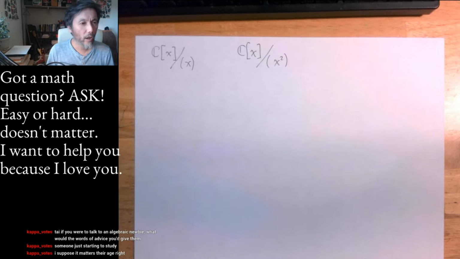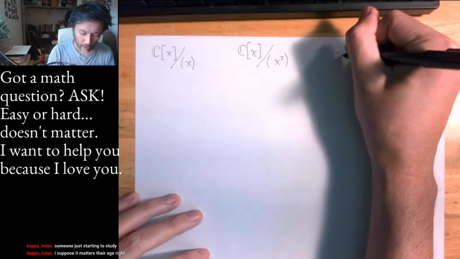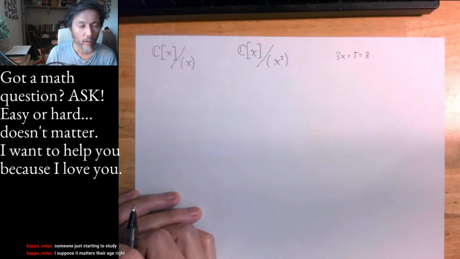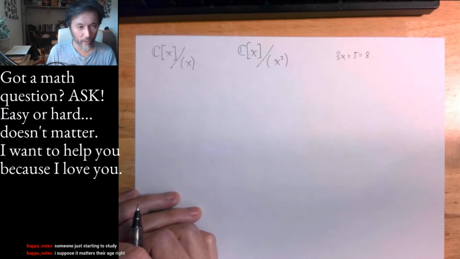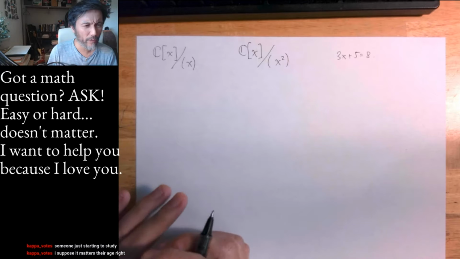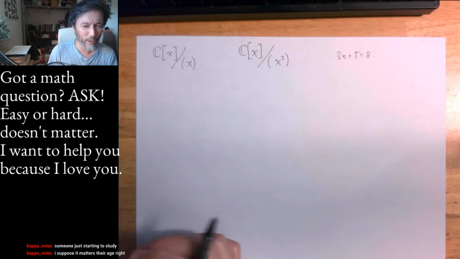Are they studying algebra, like how to solve 3x plus 5 equals 8? Or are they studying algebra like the first isomorphism theorem, for groups? Is that what it's called?